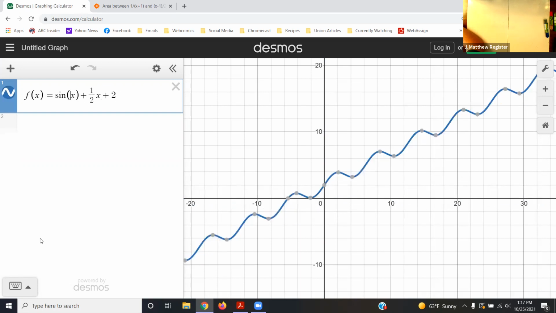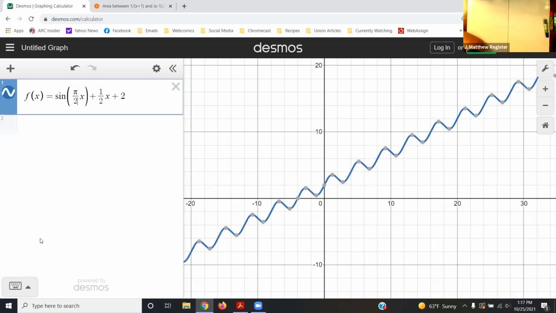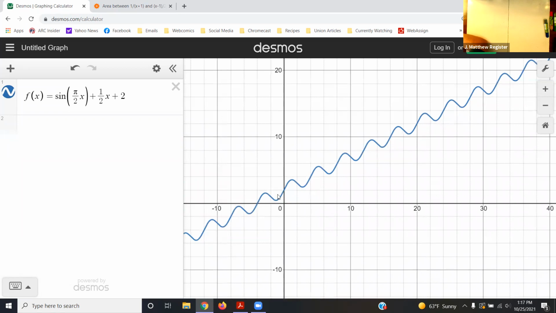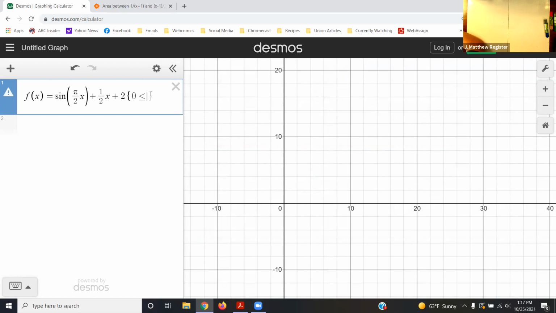I guess I do want this to be something different. Let's make this pi over 2. And then let's figure out the volume of an object from 0 to 10, which is rotated. So we will restrict this to the interval from 0 to 10. And so this is the shape which we are going to be dealing with.